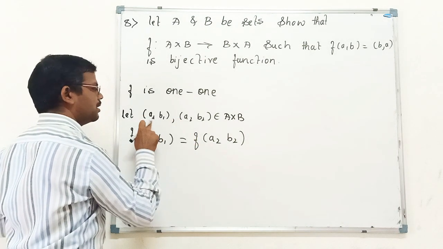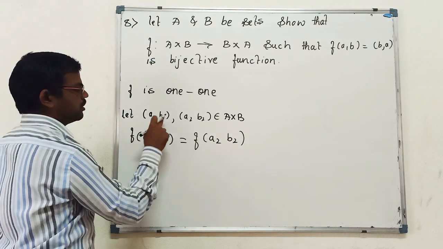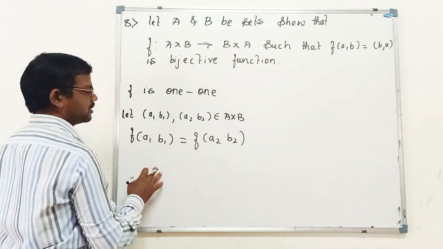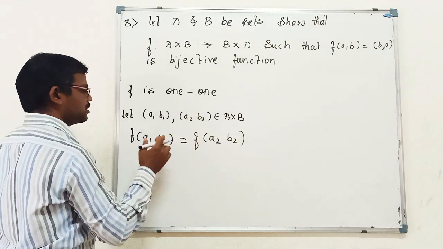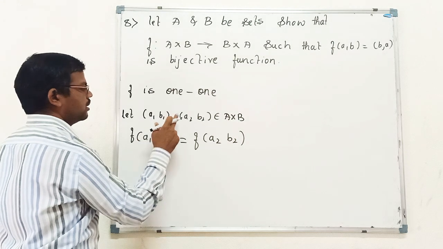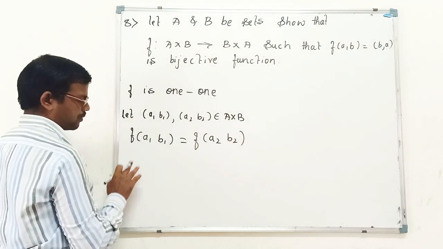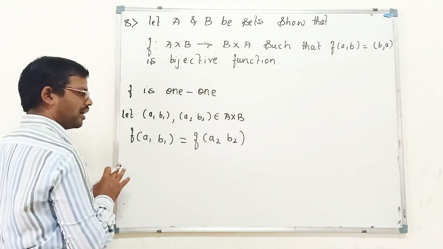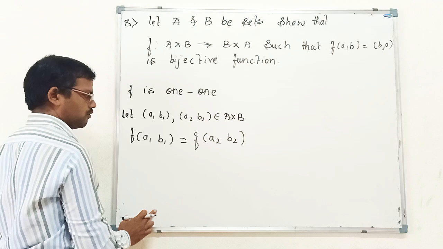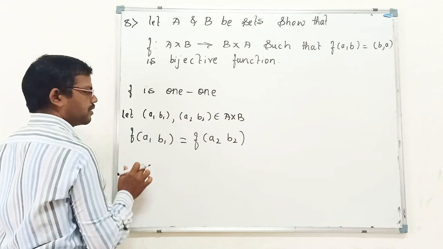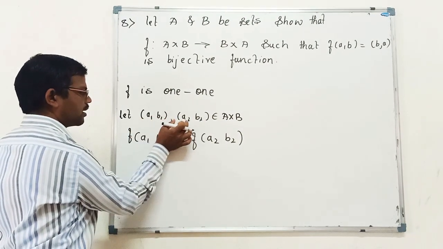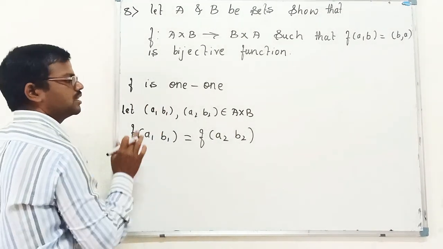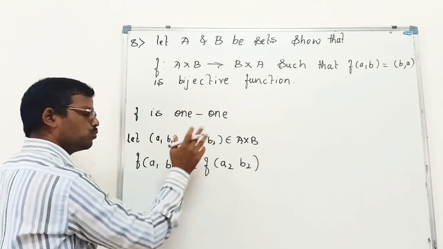We have to show the elements are also equal, so a1 equals a2 and b1 equals b2. Then we can say (a1, b1) equals (a2, b2). To show two ordered pairs are equal, first we find that their corresponding elements are equal.